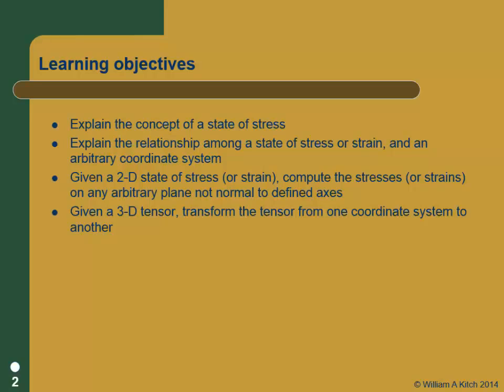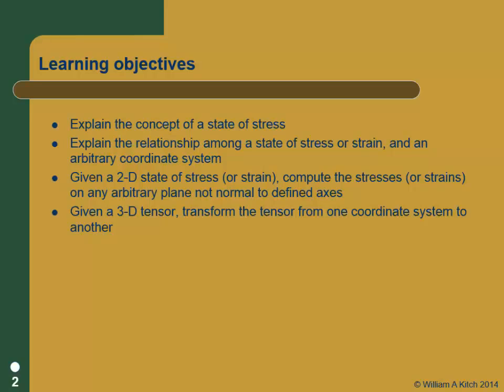It's kind of like a broader concept. I want to make sure when you're done today, you can explain what the concept of a state of stress is. Then we're going to talk about different stress and strain models that we use in soils, and you need to be able to explain the relationship between stress and strain in any arbitrary coordinate system.